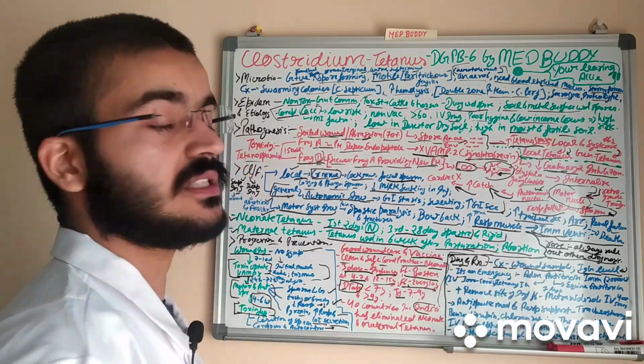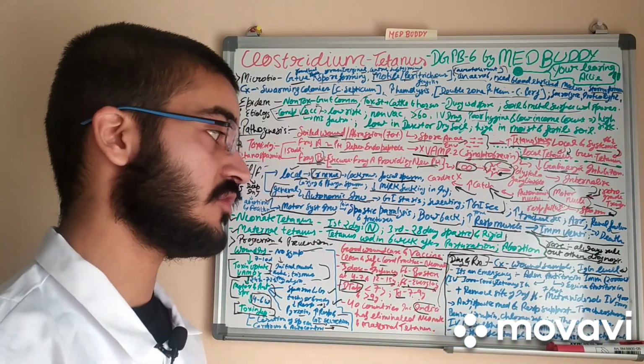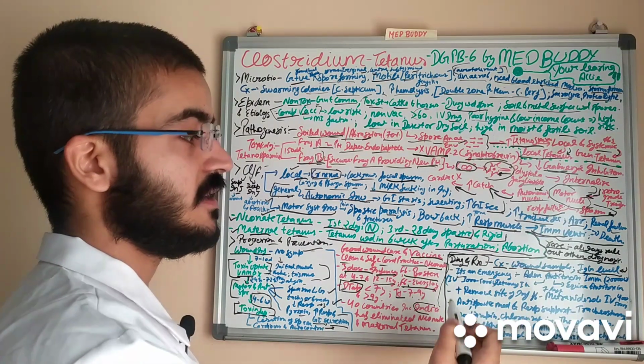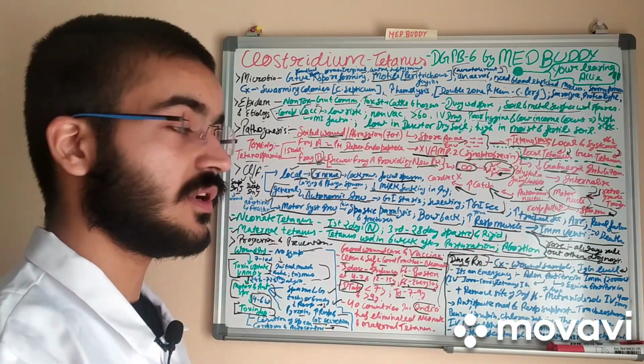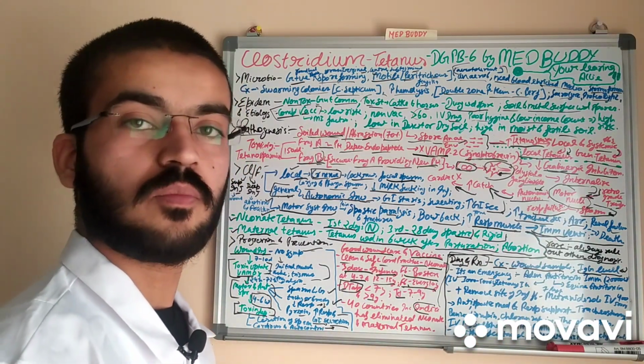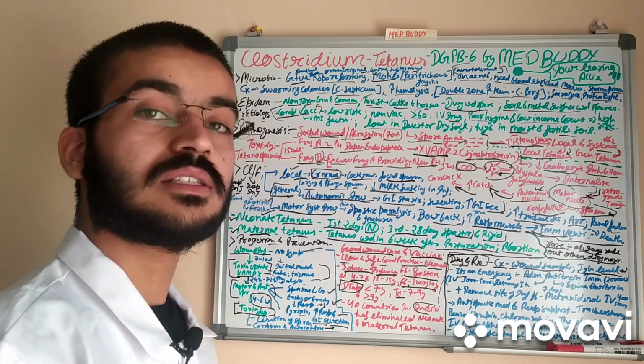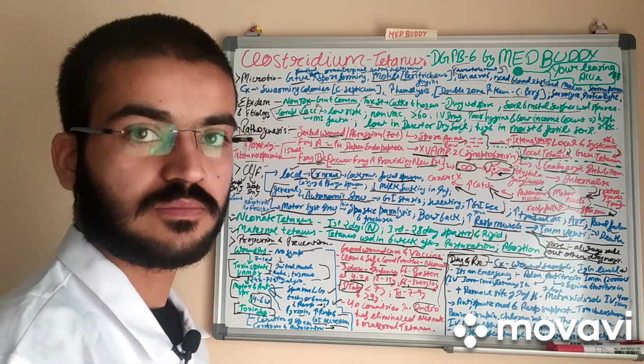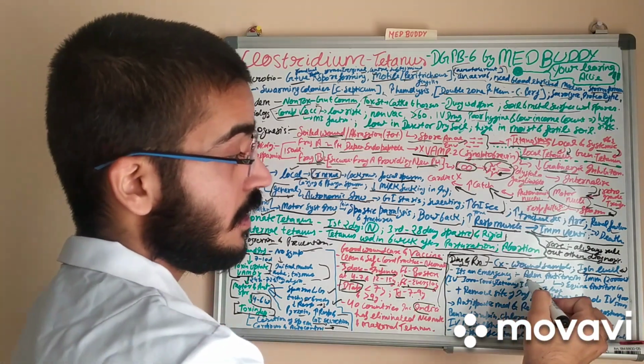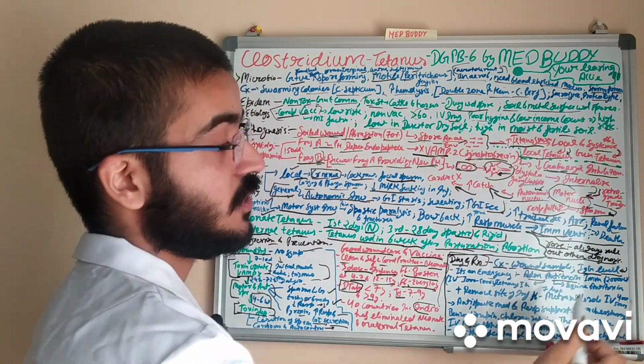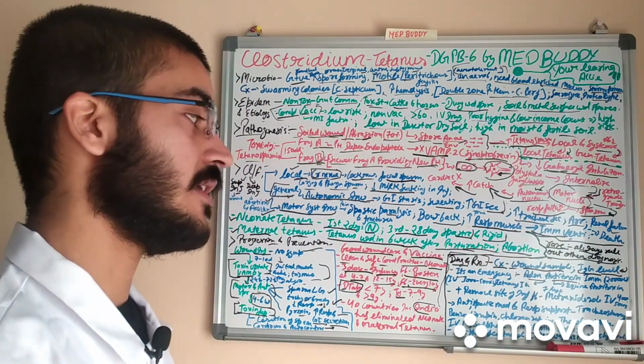Because it is an emergency, if tetanus is suspected, take the person immediately to the ICU, because within a few hours he may require ventilation. Administration of antitoxin should go immediately.